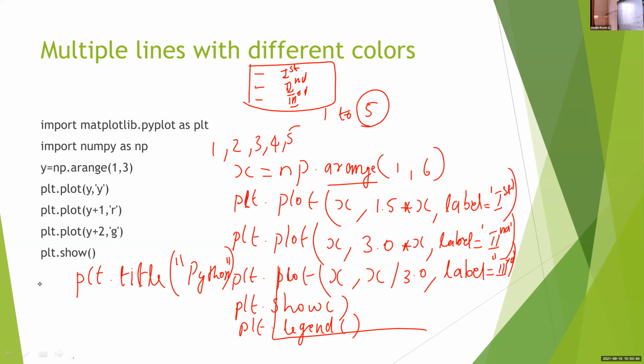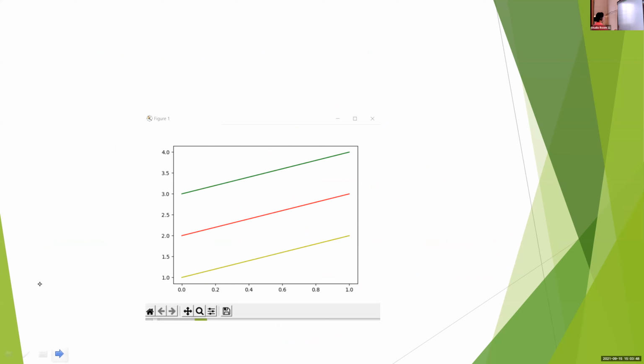Then how can we give an x label or y label? Here I want to give a name. This is height, and I want to give the names height and weight. This title is for representing the title. If I use Python as the title, it will display like this.